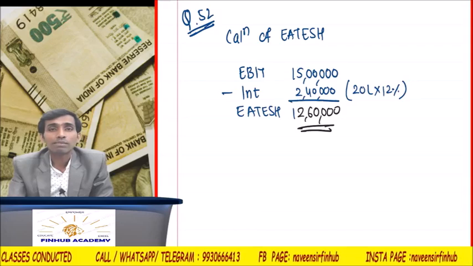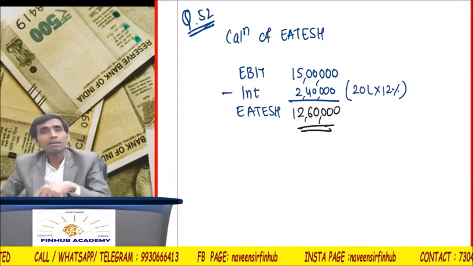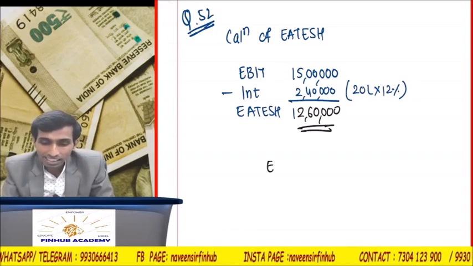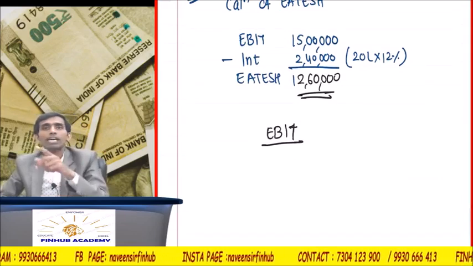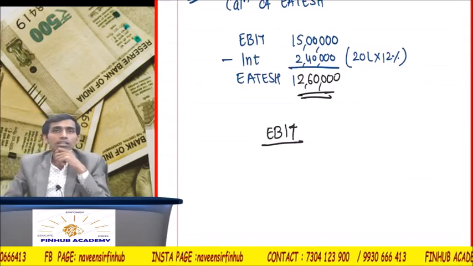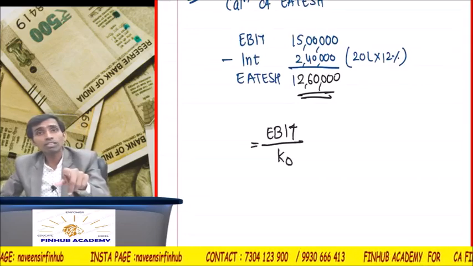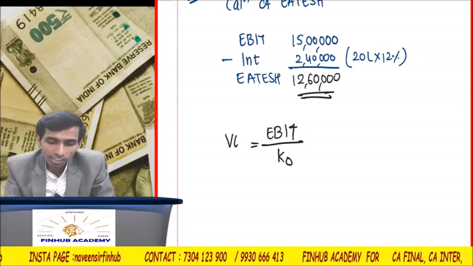See, listen to what I am saying. This is the net operating income approach. So this time we will capitalize what? Operating income, which means EBIT. EBIT will be capitalized by KD, KE or KO? KO. When I divide it by KO, what do I get? The value of the firm.